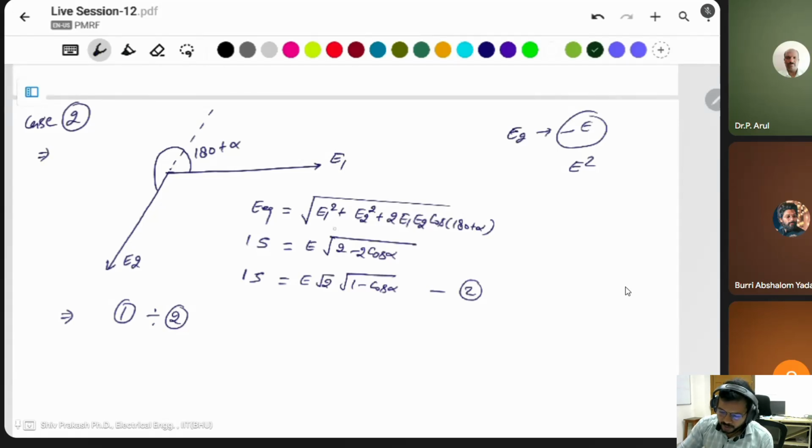So E square here, E square here, and this will be minus 2 E1 E2. If you put the negative value, you don't need to take 180.